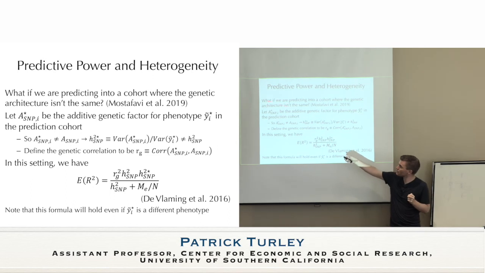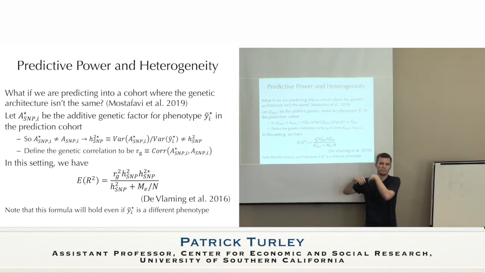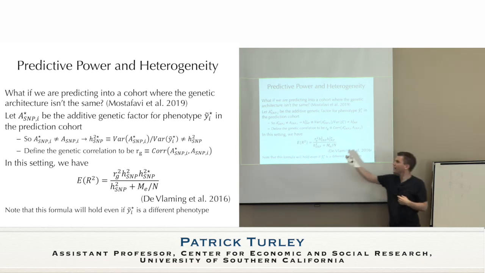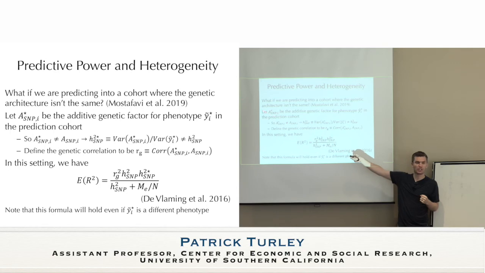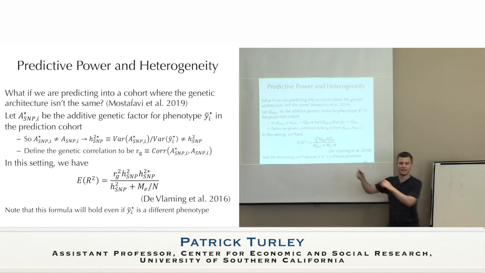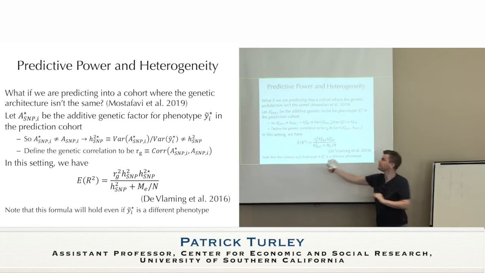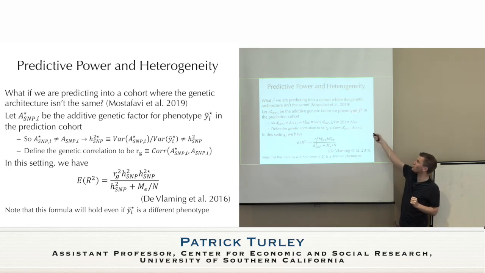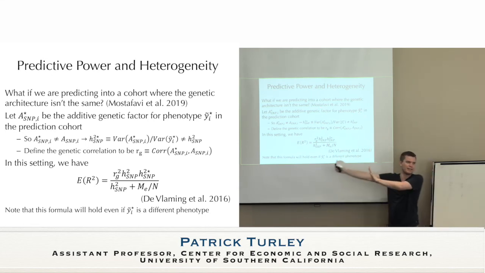So let's assume that we have some other cohort, maybe a different birth cohort, for example, and so a star SNP is going to be the additive SNP factor for our phenotype in the alternate cohort. And Y star is the phenotype in the alternate cohort.